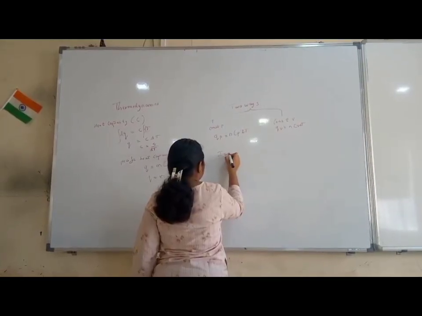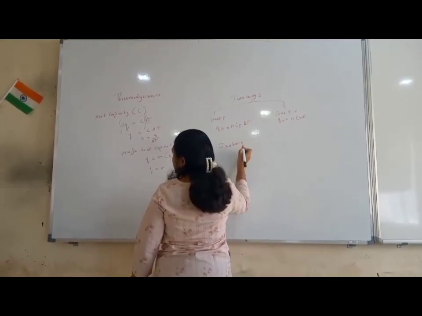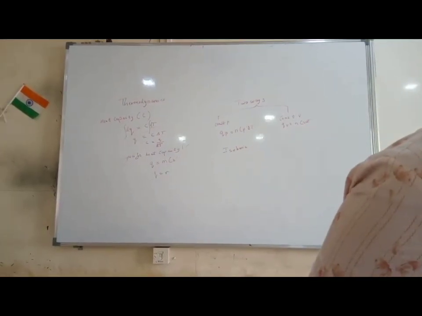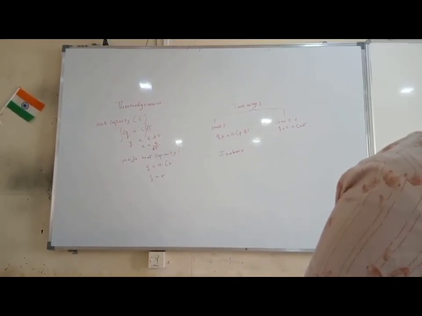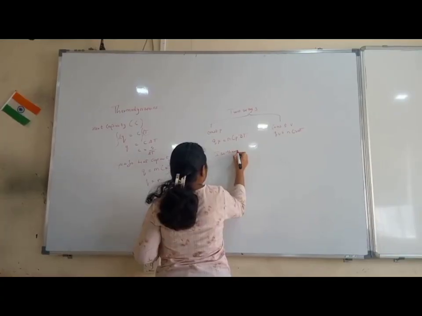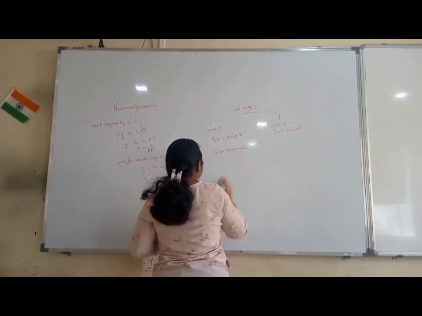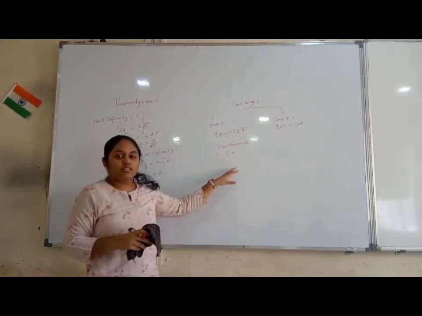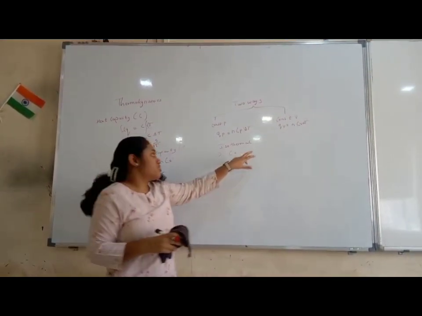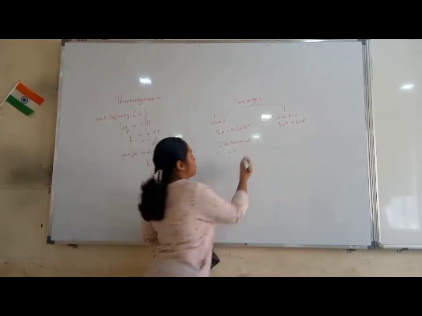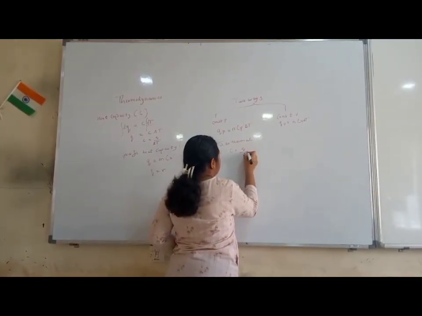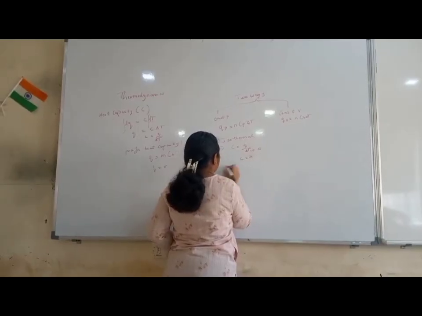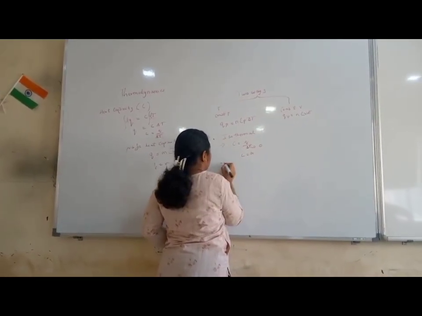Different processes. For isothermal, C is infinity, as I told, temperature is constant: Q by delta T, where delta T is 0, so C tends to infinity. Second is isobaric.